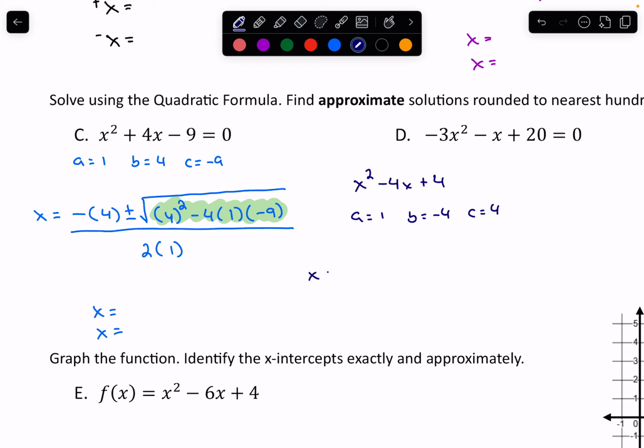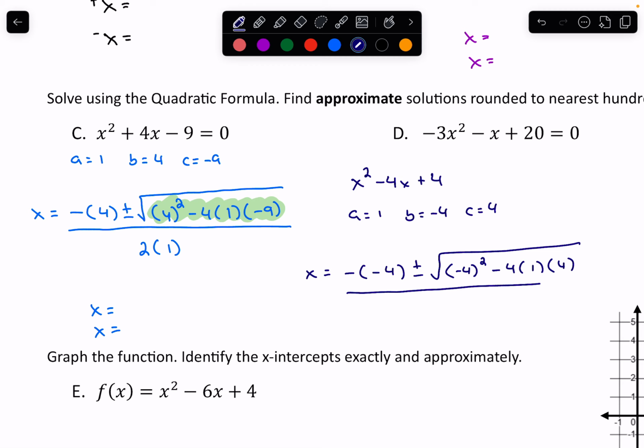So my formula: x equals negative parenthesis, -4 plus or minus square root, B is -4 squared minus 4 times A, which is 1, times C, which is 4, divided by 2 times A. When I plug it in my calculator, this part right here is just 0. So this becomes 0. Well, the square root of 0 is 0.